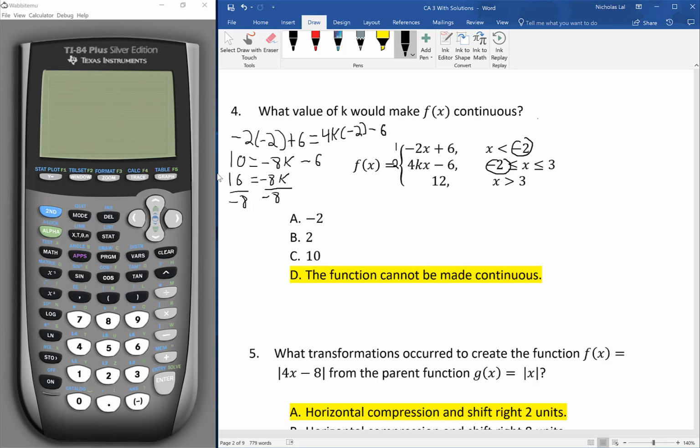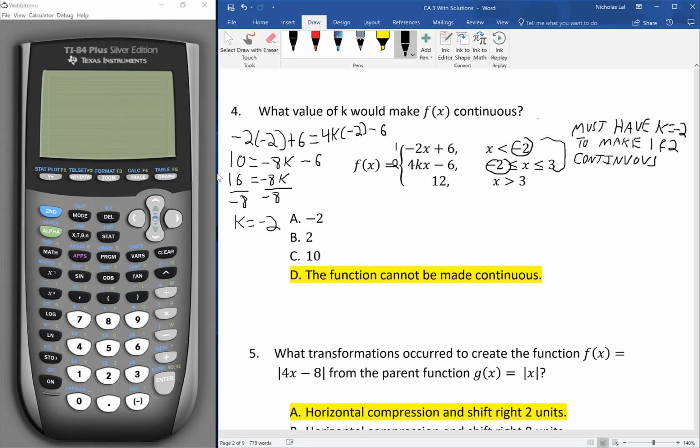And k is going to be equal to negative 2. So you must have k equals negative 2 in order to make functions 1 and 2 continuous.